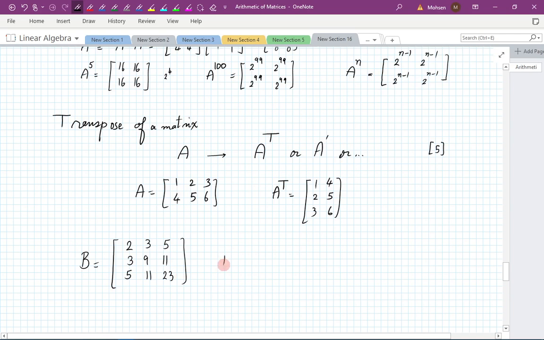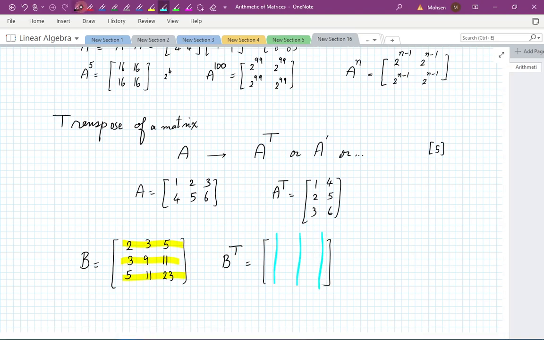Now go ahead and find for me what the transpose of this matrix is going to be. Convert the rows to the columns and columns to the rows. So let's take these rows and then I'm going to plant them in these columns. So I'm going to put that 2 3 5 that was here. Here's my 2 3 5.